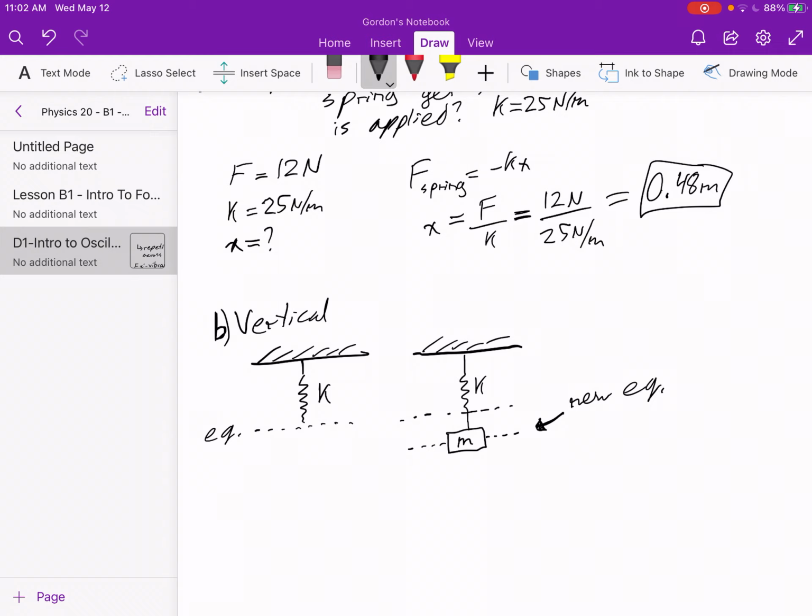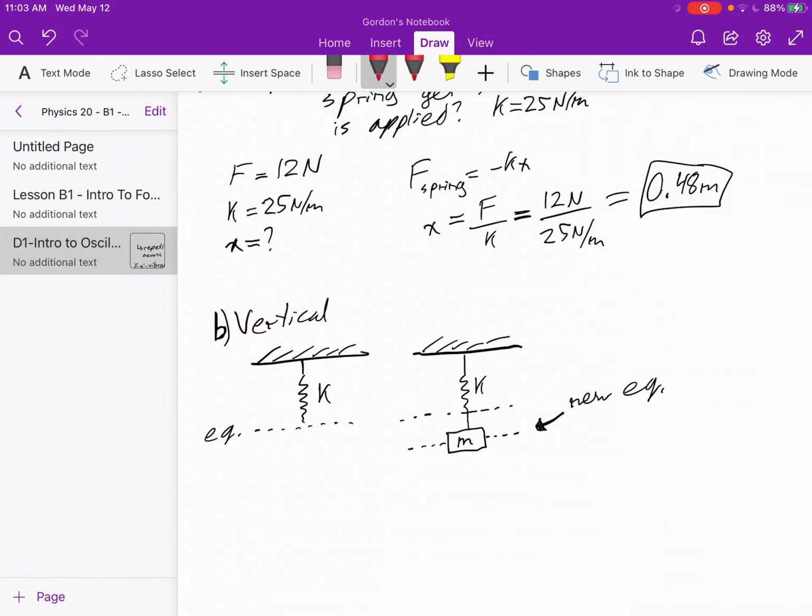Because once we've added this mass there, it's going to basically stay there. And that's the definition of an equilibrium point, is where it sort of naturally comes to. And in this case, if this spring has been stretched a little bit, the force that is pulling it back up is going to be balanced by the force of gravity pulling it back down.